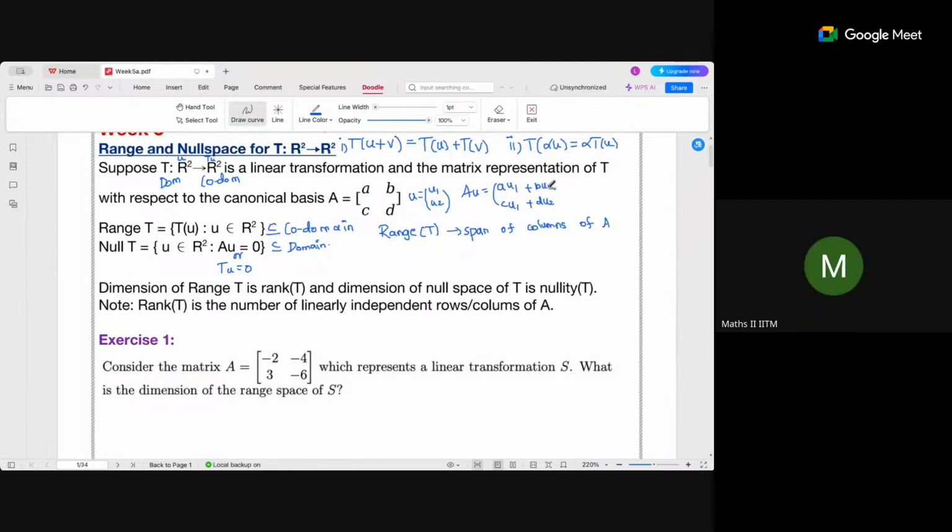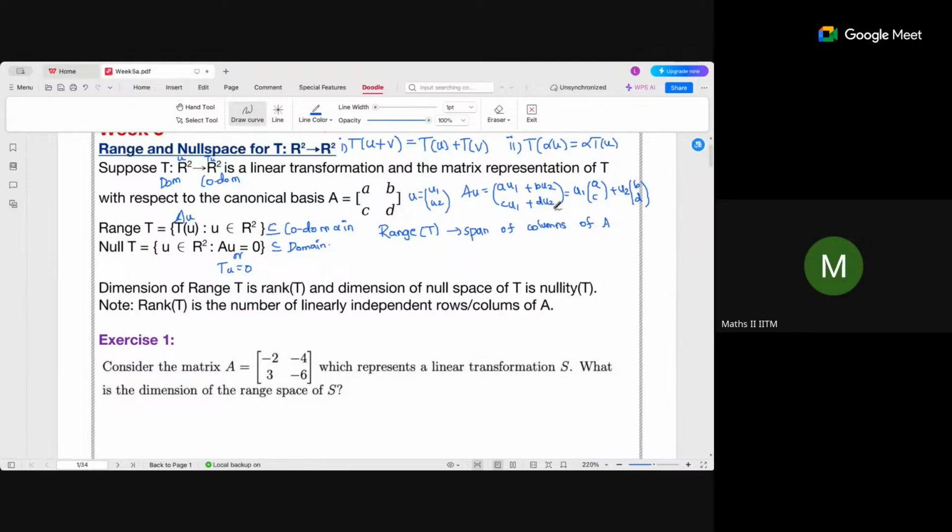Okay, so you can clearly see this is a linear combination of the columns of A. Yes or no? Okay, so if I am writing it as AU, it means that the range of T is nothing but span of columns of A. Do you all see the reason here?